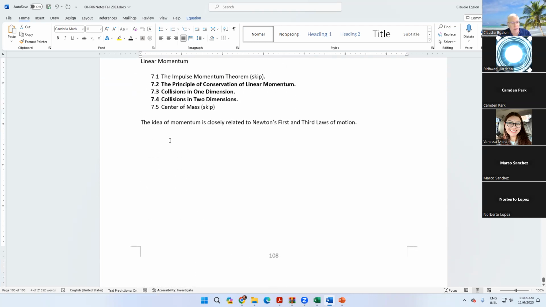Recall that the net force is m times a. The momentum is very close to that, and there is more.